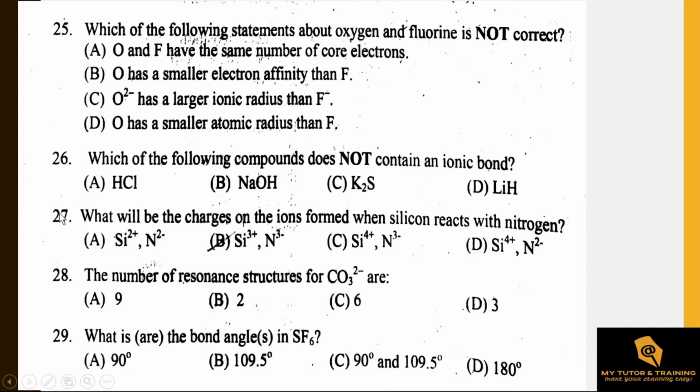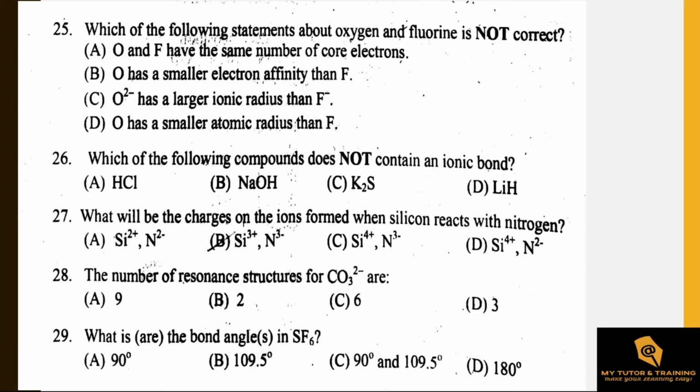Question number 27. What will be the charge on the ions formed when silicon reacts with nitrogen? Here, silicon and nitrogen can react to form a compound with the formula Si3N4.